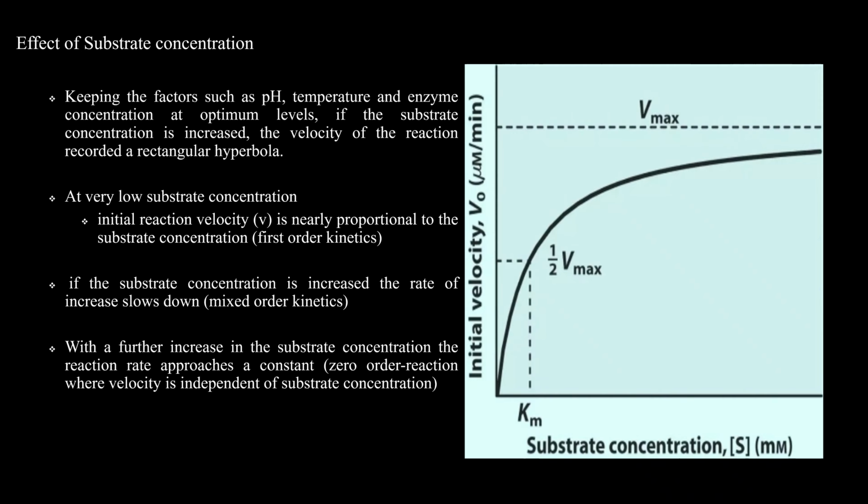Substrate and initial velocity of the reaction. At low substrate concentration, it is first order kinetics. As the concentration increases, the rate of increase slows down, mixed order kinetics. Then a zero-order reaction, with velocity independent of the substrate concentration.